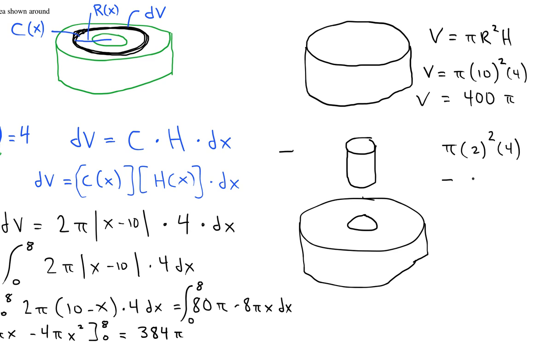So we're going to be subtracting out 16 pi. And let's just take this and subtract this. And it checks.